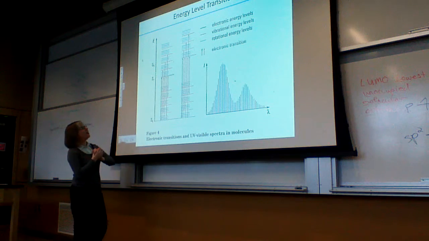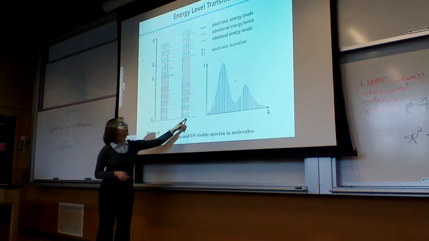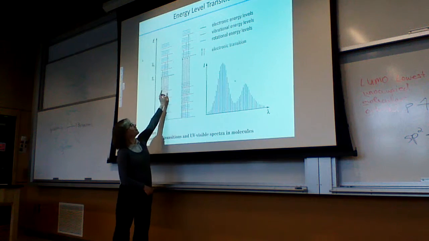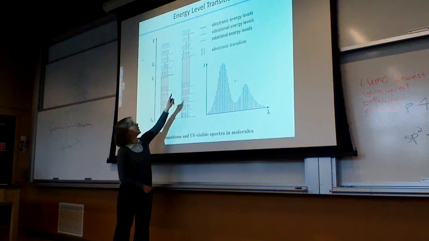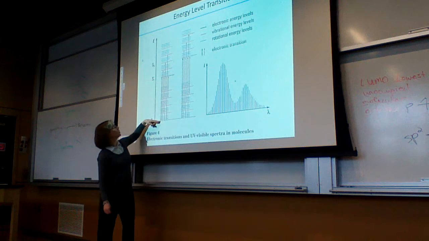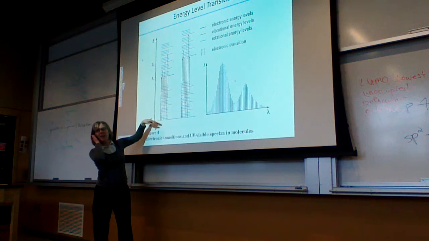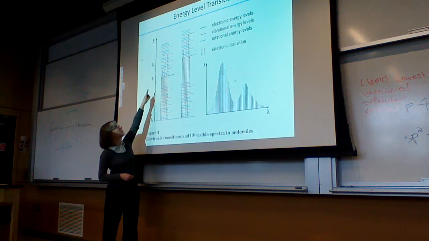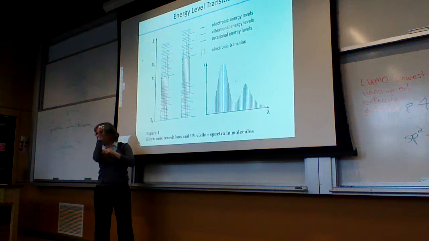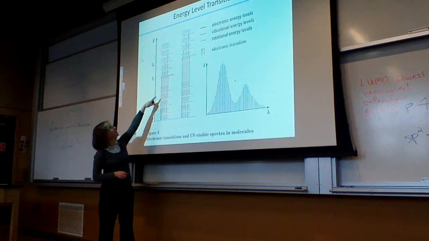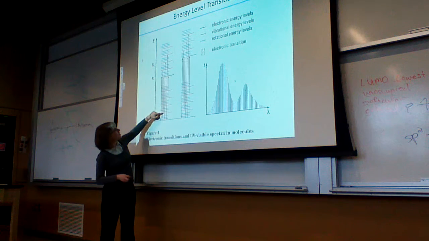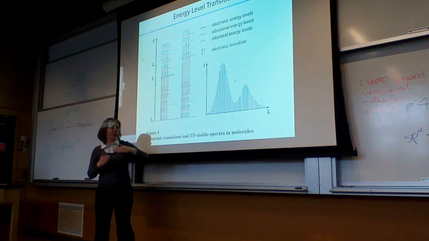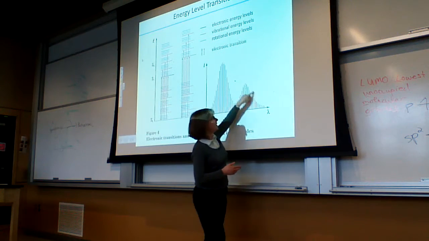So here, the black line at the bottom is our electronic energy, and here is the next energy up. But we can get absorption from the lowest vibrational and rotational energy to the lowest energy, but you could also go from there to the next rotational energy with a little bit more energy, and to different rotational energies. So say we're starting here, going up, or starting here, going up. And all of those are going to show up on the spectrum here.